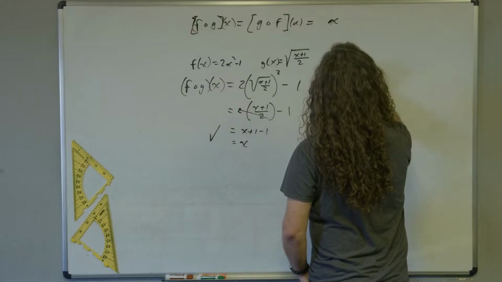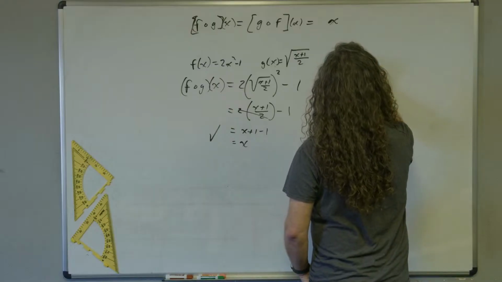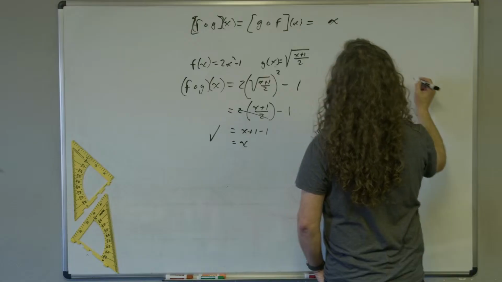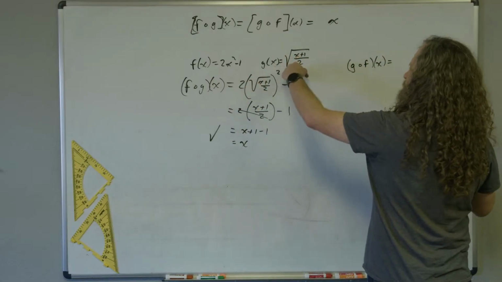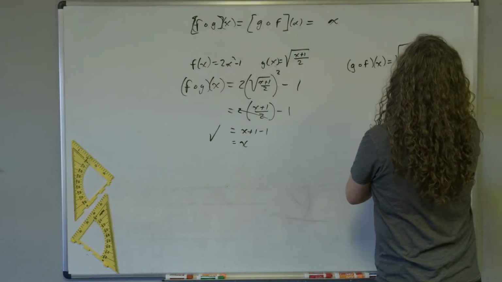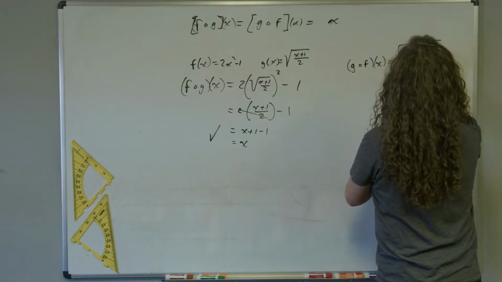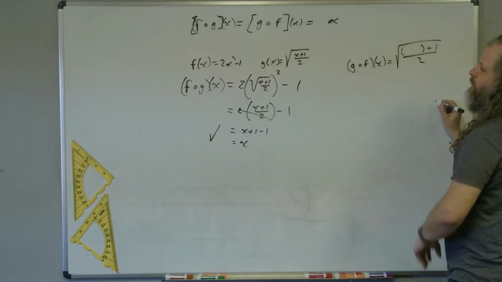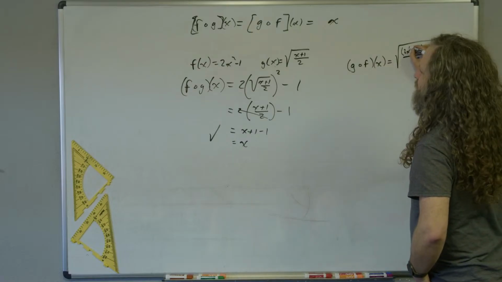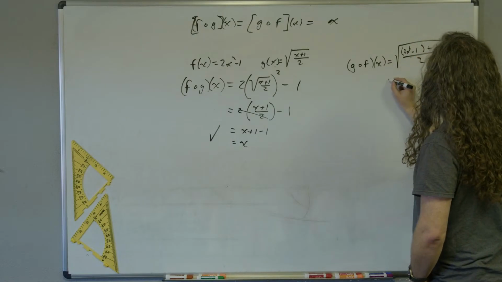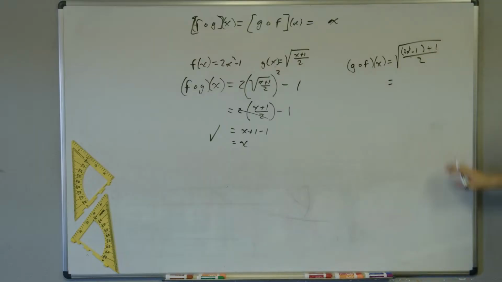So far so good, but we have to check g of f of x. G of f of x equals, I'm going to put f inside of g, right? So the square root of parentheses plus 1 over 2. Put f inside, 2x squared minus 1. Not yet, because it's not this whole thing squared.